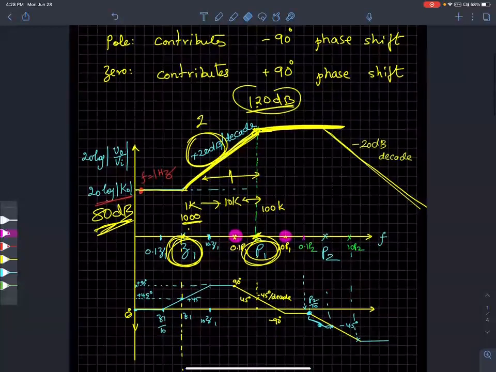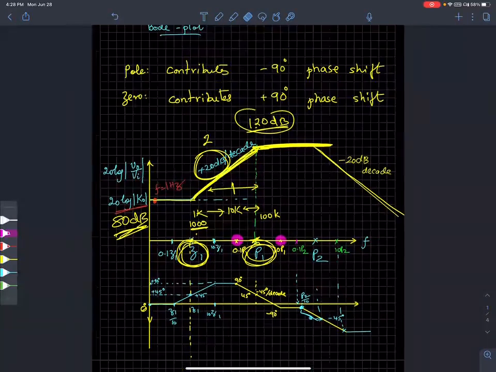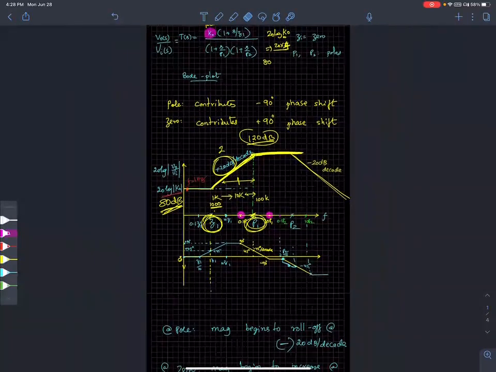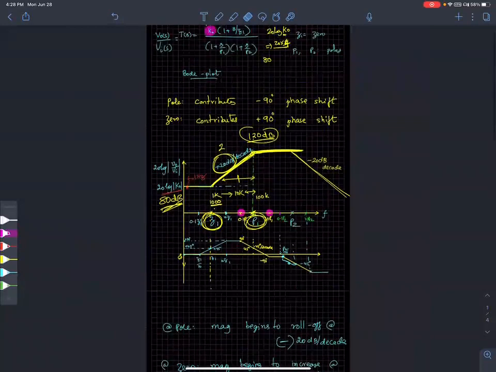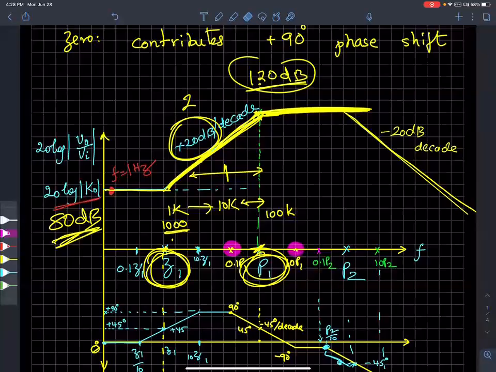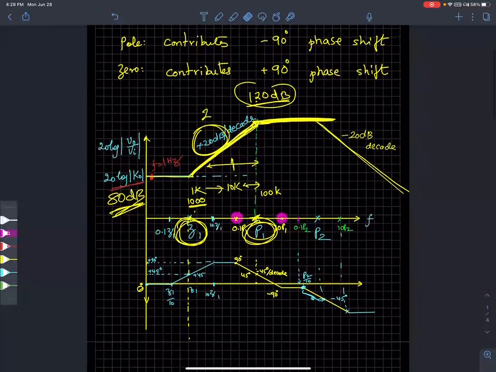Or you can simply use this approximation, not even on the back of the envelope, but in your mind. This approximation is going to hold good. And for the homework problems, you don't even have to calculate. You simply do the straight line approximation.